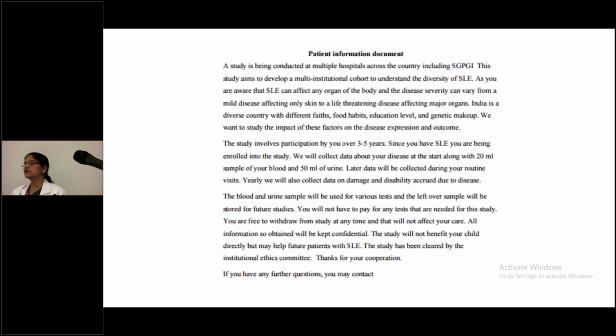What will you do? You'll collect follow-up data. You'll collect this amount of blood, whether the patient has to come for follow-up or not, whether there is any risk involved in the study, and whether it will change their therapy if they participate in the study. So this is a very simple PID, and for most of your MD, DM, MCH studies, this type of PID is enough. Don't end up sending us 21 questions and answers to it.